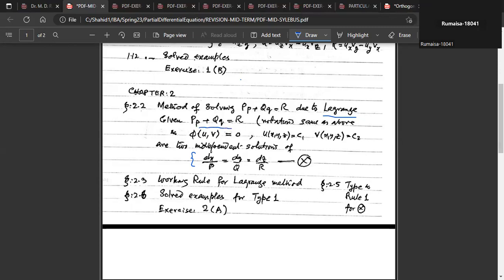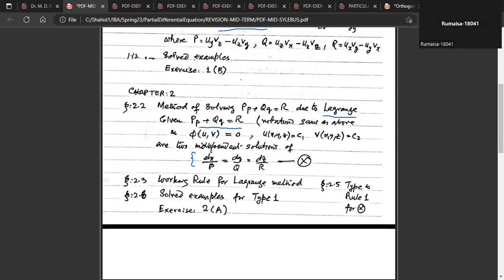We are given equations of this type, and once we know how the auxiliary equations are obtained, solving a problem, we just write down from the given differential equation dx upon the coefficient of small p, dy upon the coefficient of small q, which is capital Q, and dz upon capital R. So these are the auxiliary equations, and then we go for different working rules depending on the type of differential equations.